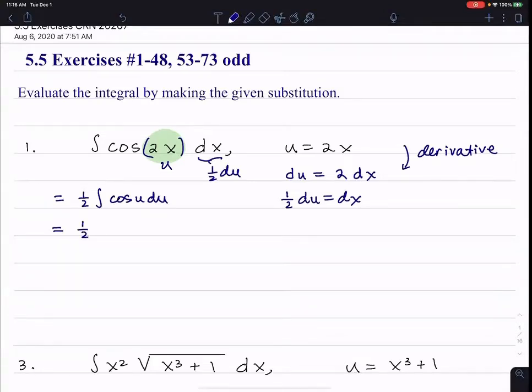And the antiderivative of cosine u is sine u. And I'm going to put plus c because this is an indefinite integral, which is essentially the same thing as being antiderivative. Now let's double check. The derivative of sine u is cosine u, so that makes sense. And then what I do is I replace u by 2x. And that's our answer.